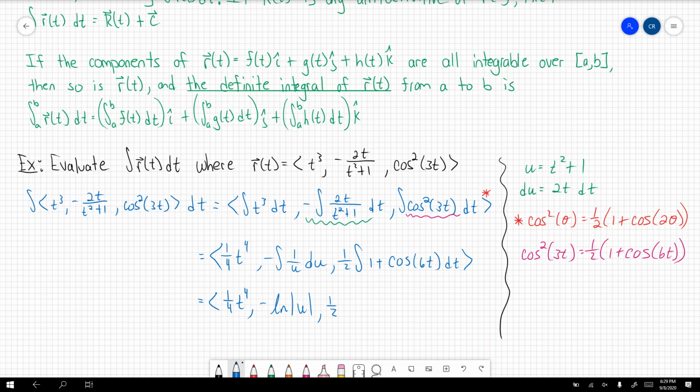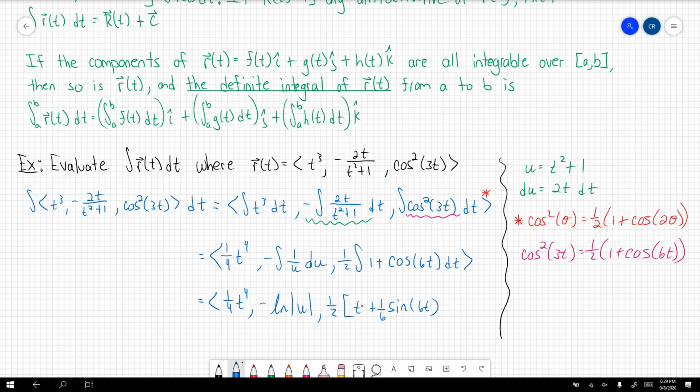So that's now going to be 1/2 multiplied by the integral of 1 with respect to t, that's going to just be t, plus the integral of cosine. Remember, its antiderivative is sine. So we're going to get sine of 6t. And remember, we have to use the chain rule, so when we integrate, we have to counteract that chain rule.